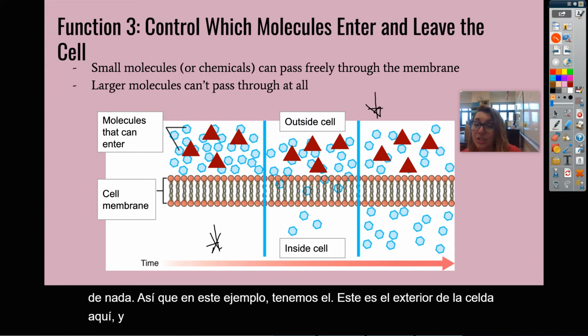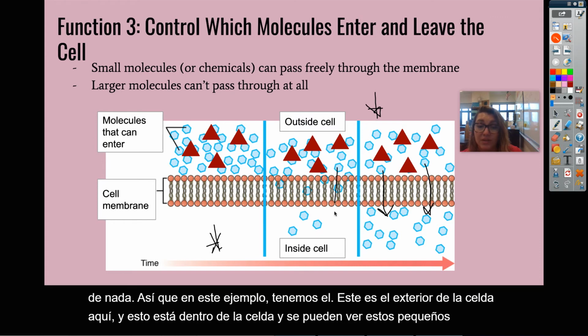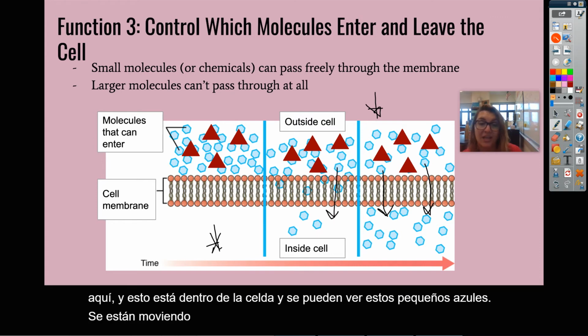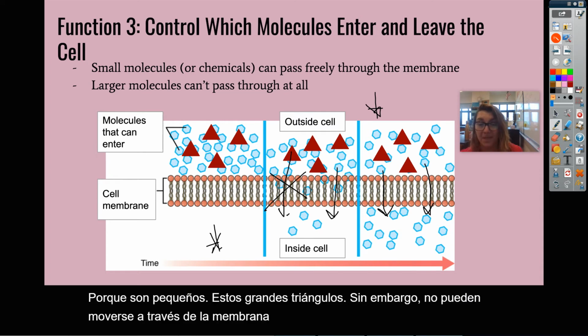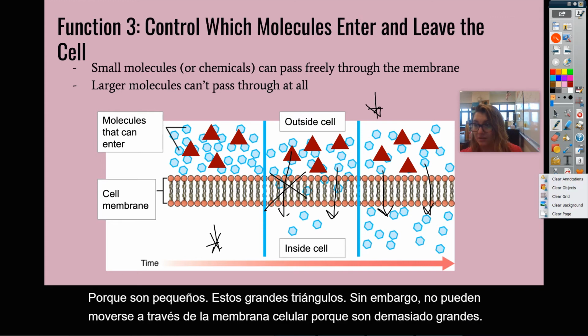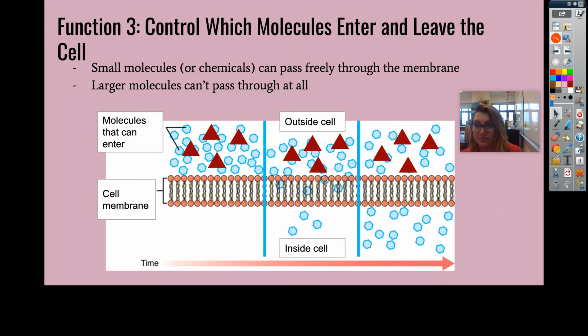And you can see these small blue ones, they're moving right through the cell membrane because they're small. These big triangles, however, they can't move through the cell membrane because they're too big. So that is the third function.